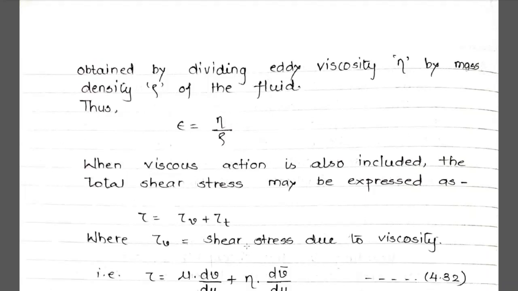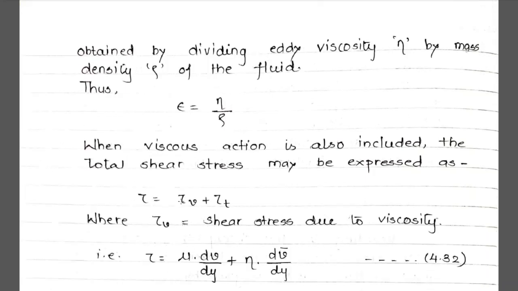Now the value of tau v is mu into du by dy and the value of tau t is nothing but eta into du bar by dy.